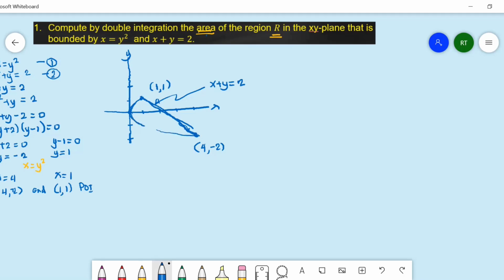Let us label this, the parabola x is equal to y squared. And we are referring to this region R, bounded by the parabola x is equal to y squared and the line x plus y is equal to 2.